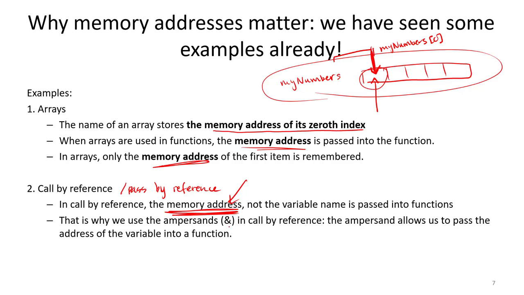And that's why we use those ampersands in call by reference. The ampersand allows us to pass the memory address of the variable into the function as an argument. And since we are plugging in the memory address of that variable, that function can directly change the data, and the changes will be preserved even back in the main function.